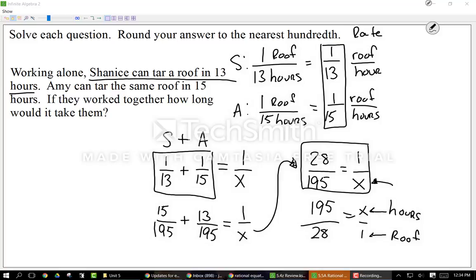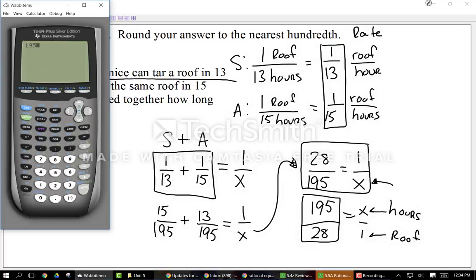So what I'm going to do is take this fraction, 195 over 28, and put it into my calculator. So let's do that. 195 divided by 28 is 6.9642857114. But if we look at our question, it says round to the nearest hundredth.